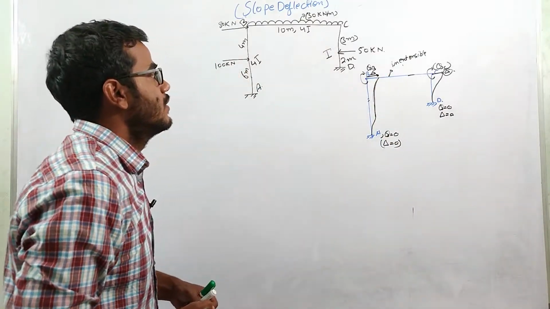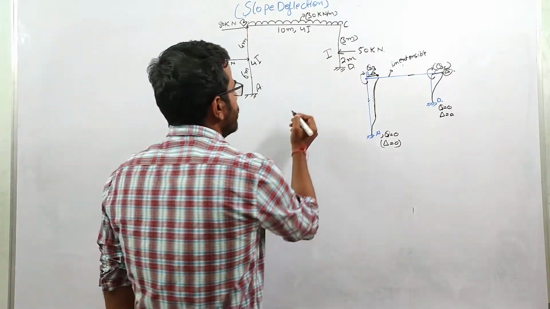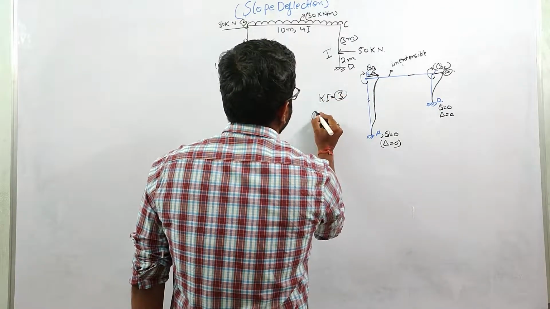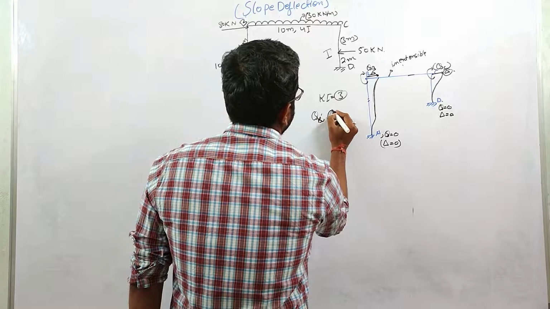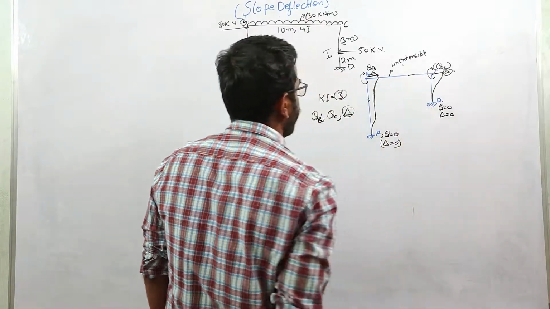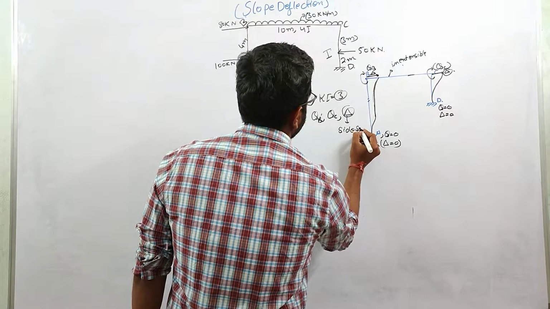So now the kinematic indeterminacy of this frame structure is equal to 3: theta B, theta C and delta. Delta is the deflection in the horizontal direction, also known as side sway.